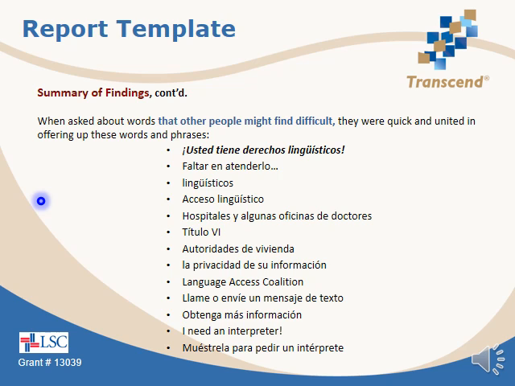One of the things that we do in our report is we say what words would be better. How could we say this in a way that would be easier for people to understand? So we report the words, we report the suggested solutions, and then finally we report what we think should be done to resolve this difficult word issue.